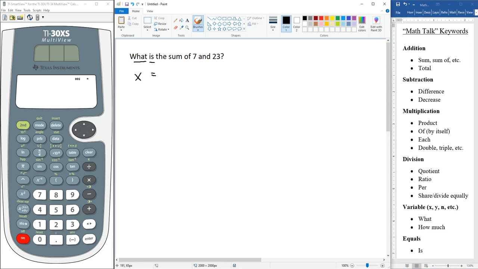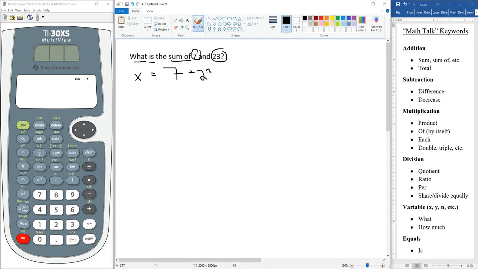Next we see "the," which doesn't really tell us much, but "sum" does, S-U-M. Sum of means addition. And we get back to our numbers again, 7 and 23. So x equals the sum of, addition, 7 and 23.